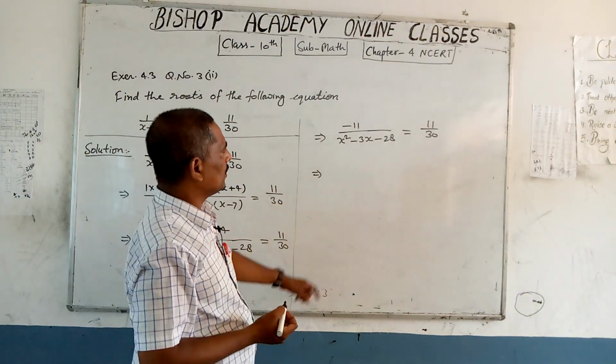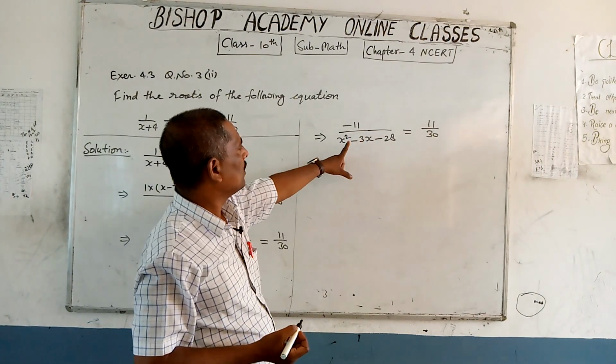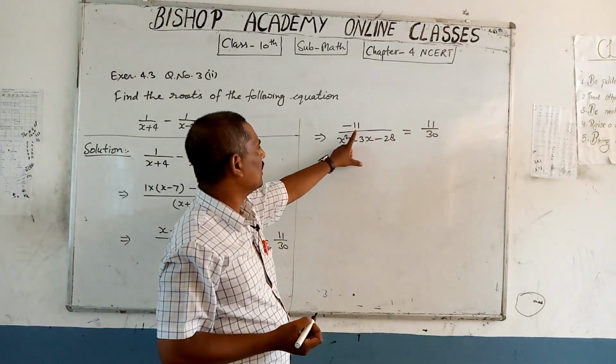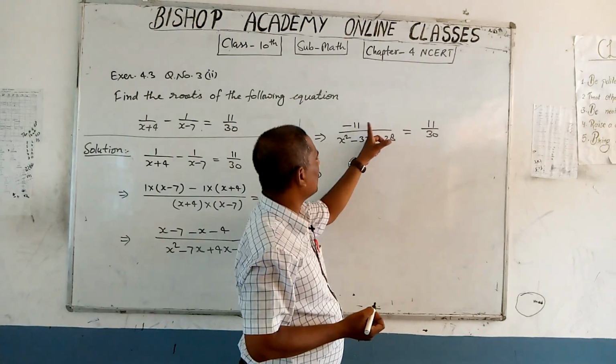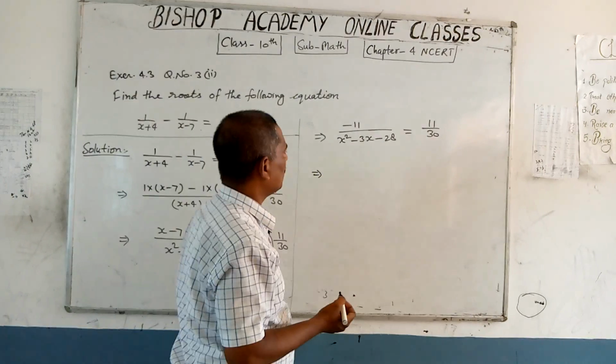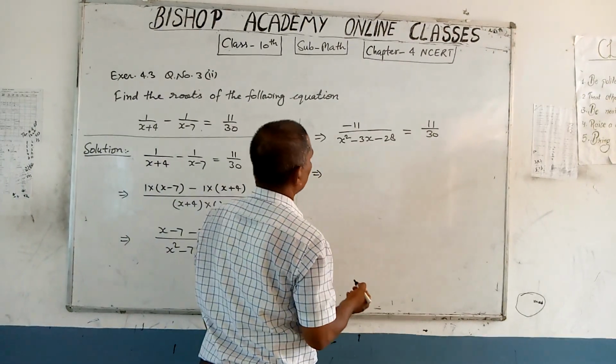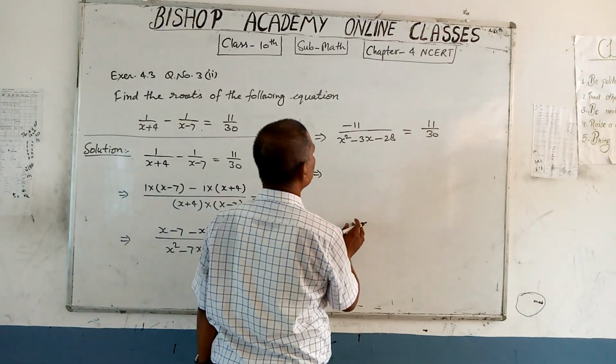You can see 11 is common factor on both sides. Here 11 as numerator, here 11 as numerator. So you can remove by dividing on both sides by 11.